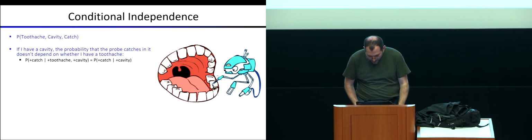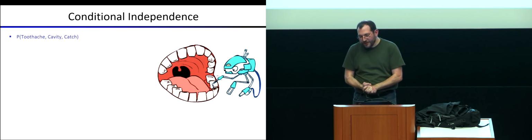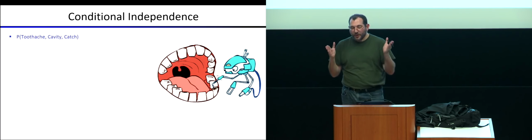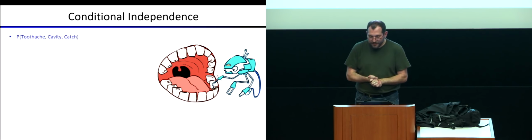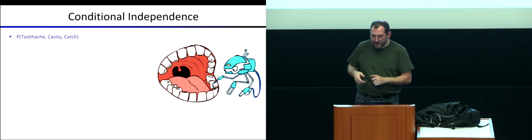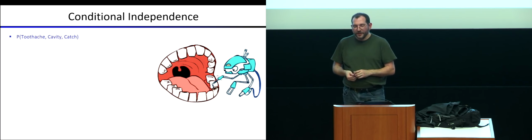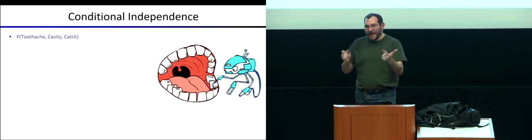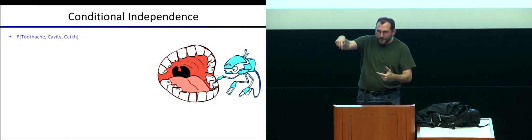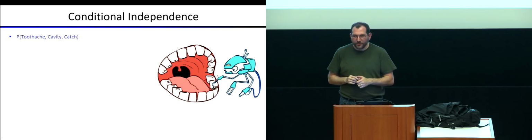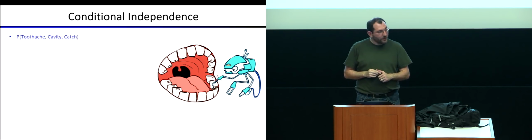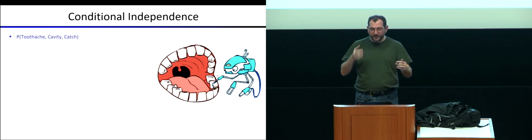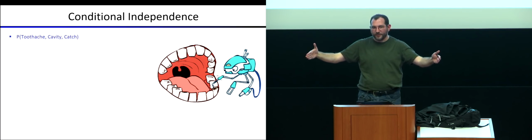So for example, imagine you are building a dentist robot, going with this little probe and poking at your teeth. The random variables are: do I have a toothache or not? Do I have a cavity or not? And will that little probe catch on a hole in your tooth? These are three random variables, and for three variables, I could imagine just having a full distribution.